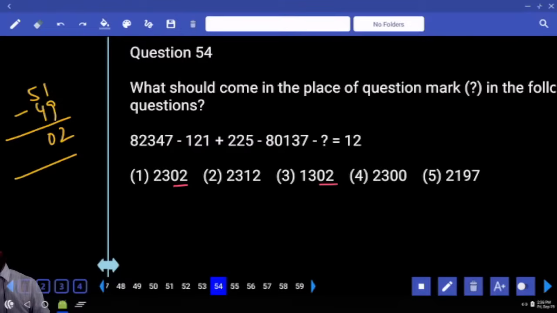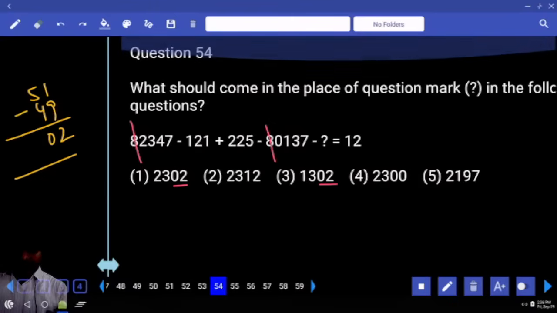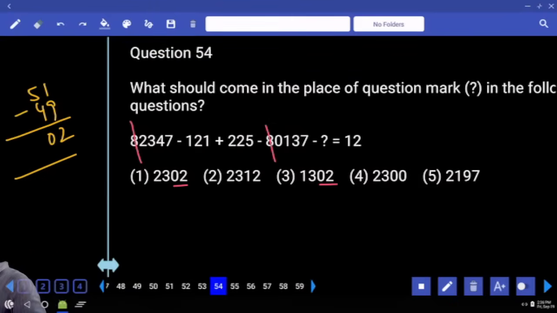Are you okay? 10,000 place, 80,000 and 80,000 cancel. Don't worry about it. Concentrate on the 1000 place and hundreds place. 23 minus 1, not 12. 23 minus 1, how much? 22 plus 2, 24 minus 1.